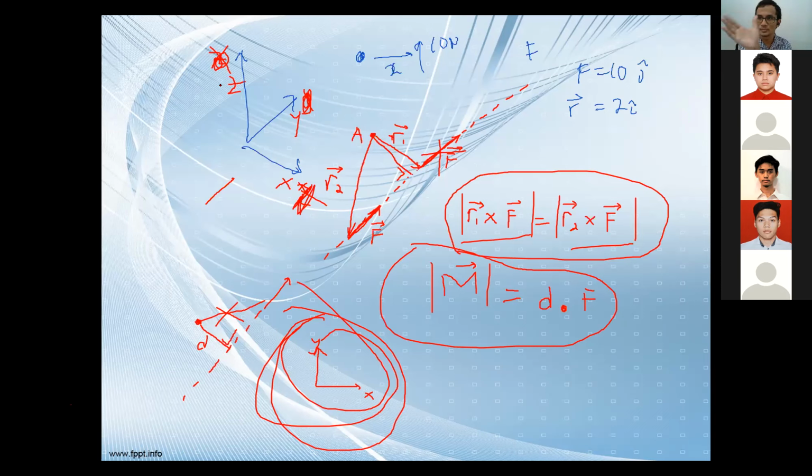You're supposed to see my video, right? If x is following this, my four fingers, in this direction, then y is 90 degrees from that, like this. Then z is supposed to follow your thumb's direction. Oh, okay. Thank you, sir.